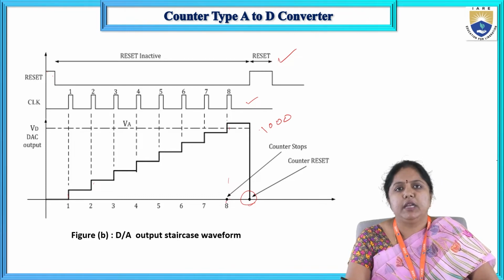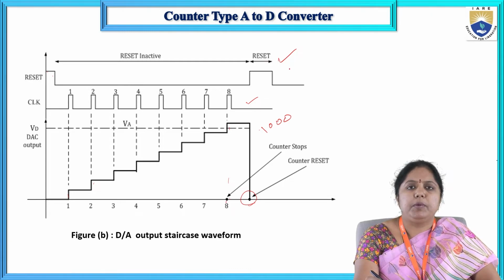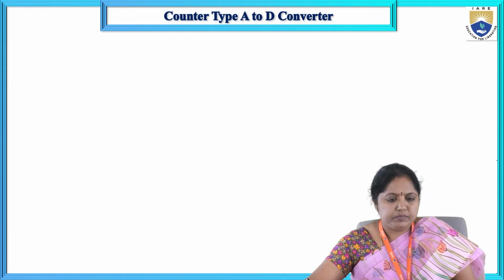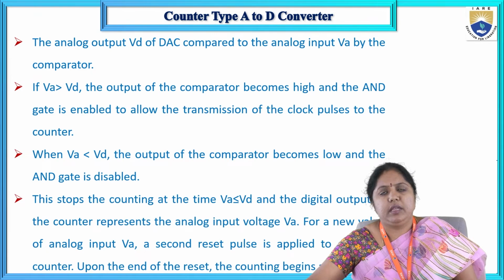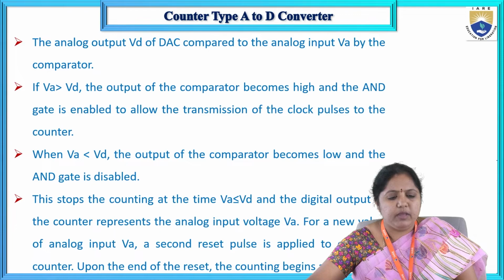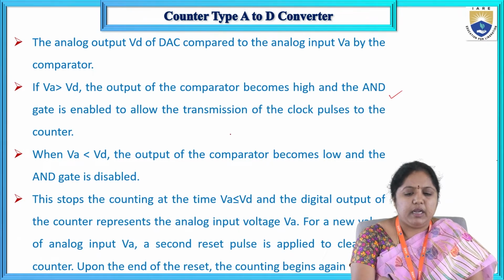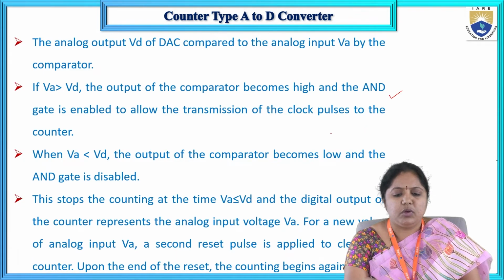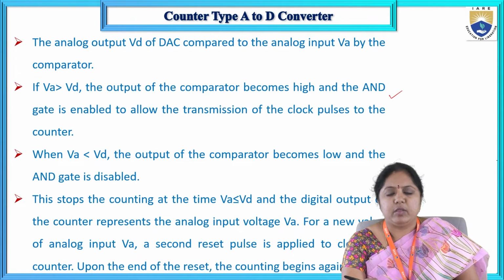If you want to give a further analog signal, I need to give the reset signal again, and then I can give the new analog input signal as the input for the counter type ADC. Whatever I have explained here, the same thing has been given. This is about the comparator: when the VA value is greater than VD, the output of the comparator becomes high, and the gate is allowed to transmit the clock pulses. Same as what we have discussed now.